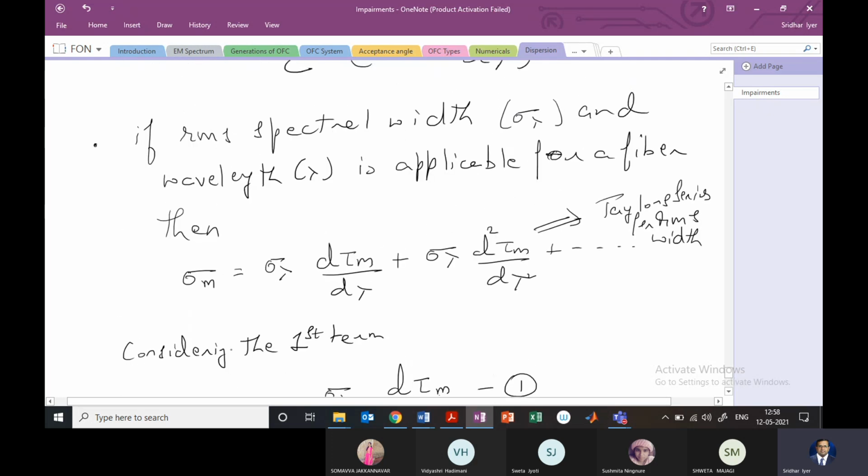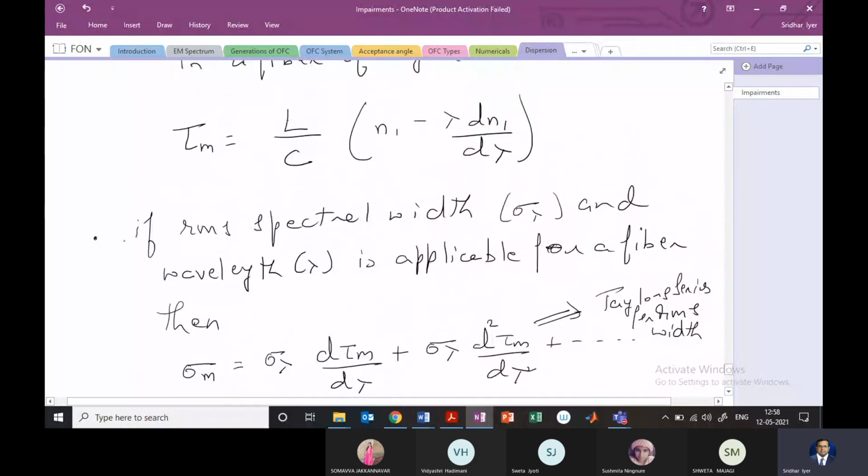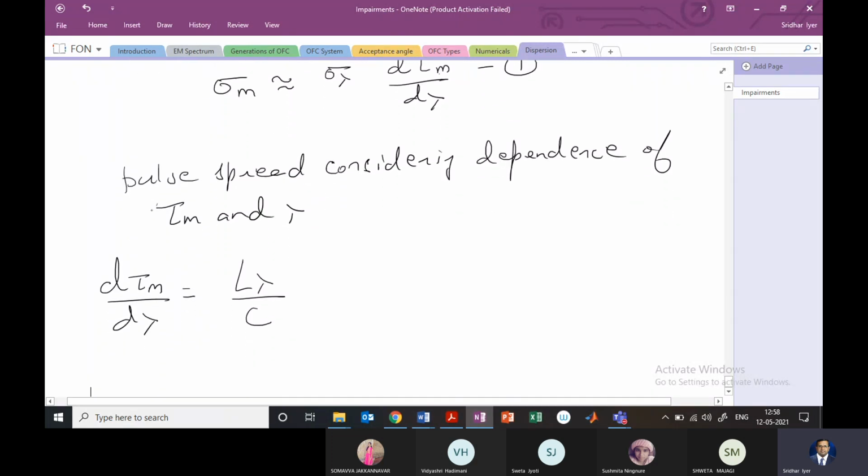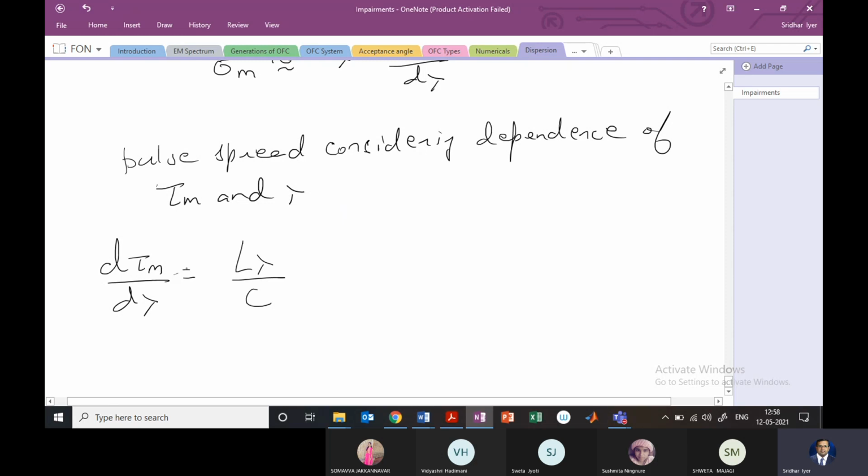So we had one equation for tau m. Tau m is L by C, n1 minus lambda dn1 by d lambda. I'm just finding the derivative of that with respect to lambda. So you have d tau m divided by d lambda. You'll get L by C as it is.